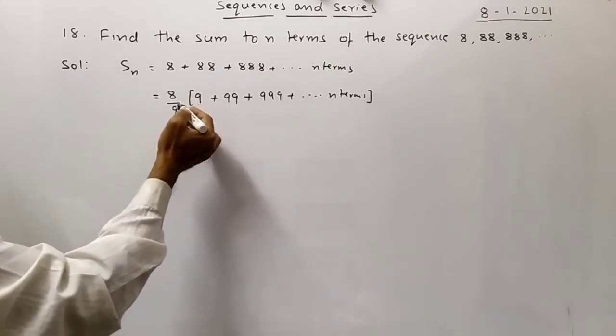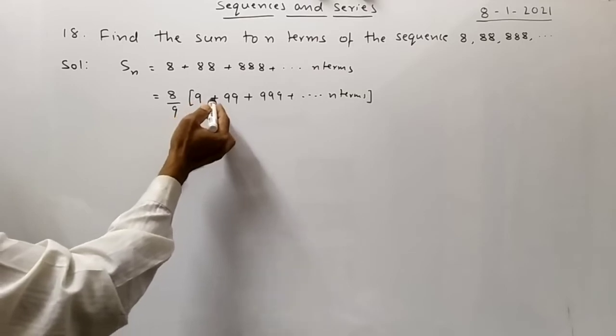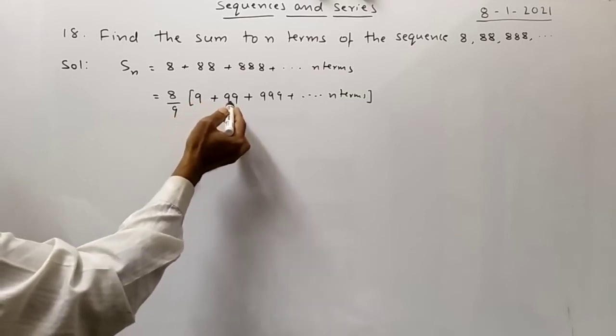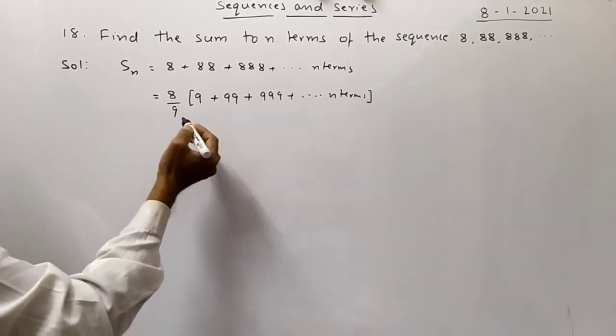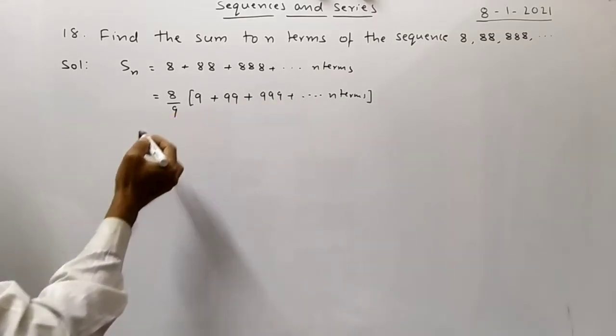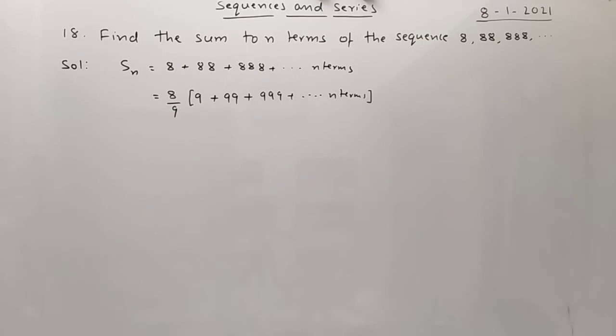So when you multiply by 9, you will get 9 plus 99 plus 999 plus and so on, n terms. To balance that, you have to divide by 9.